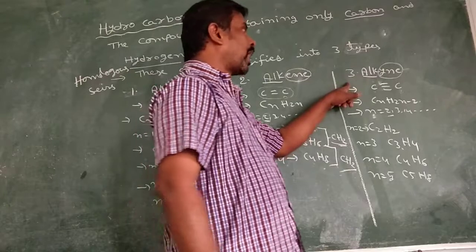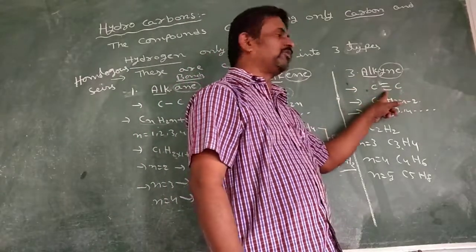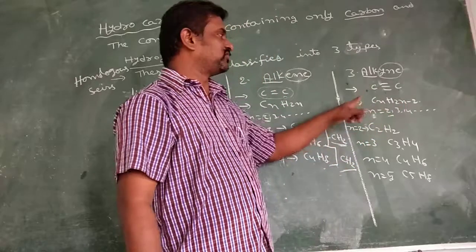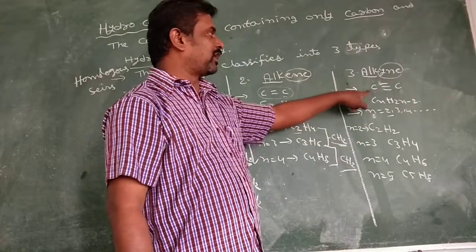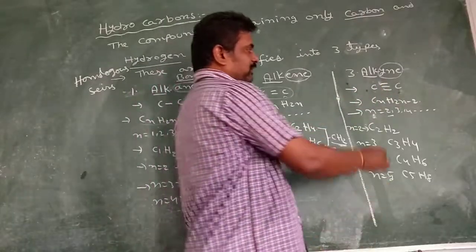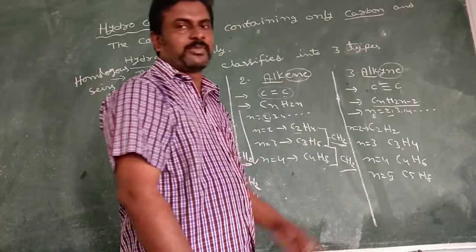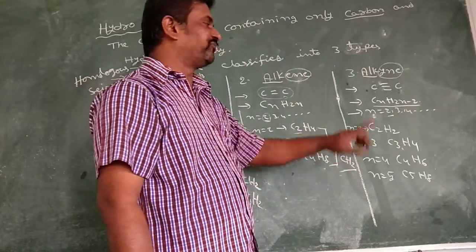Next, the third one, alkynes. One carbon atom attached with the other carbon atom by a triple bond is called the alkynes. Carbon triple bond carbon. General formula CnH2n−2. Here also n values start from 2, 3, 4 and so on.